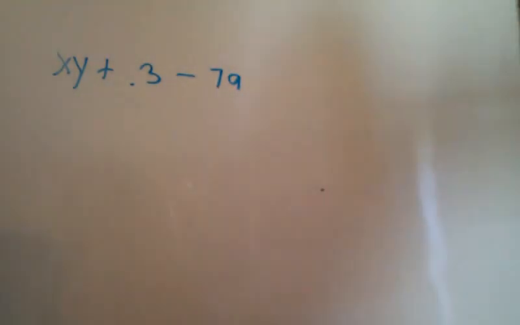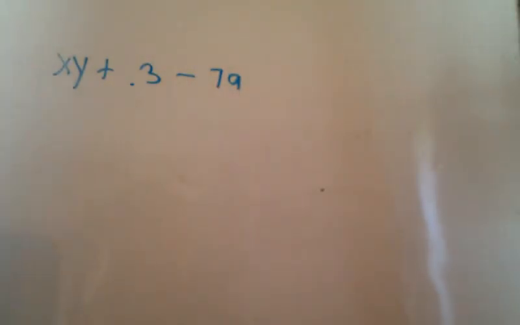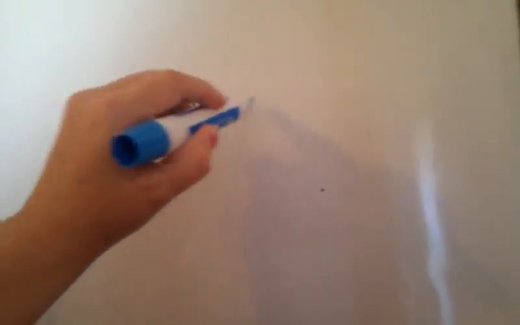Okay, for example, now let's talk about like terms. Like terms have the same variables. Remember, a variable is a letter. Okay, so if I have 2x plus 7x minus 1,000x, just look at the letters.